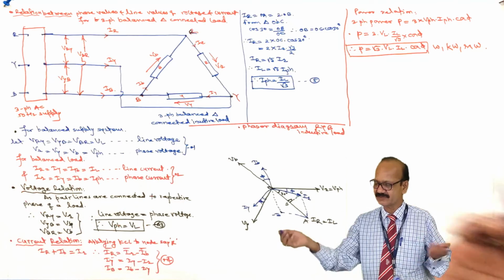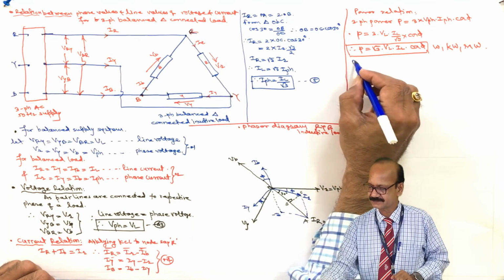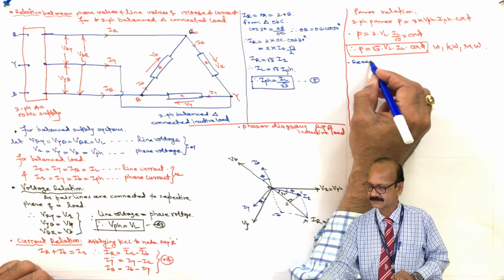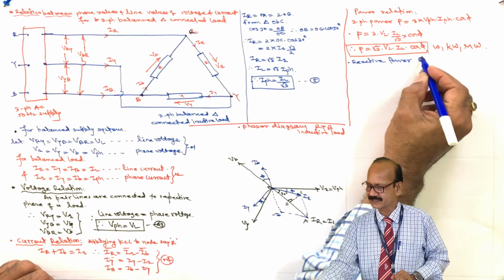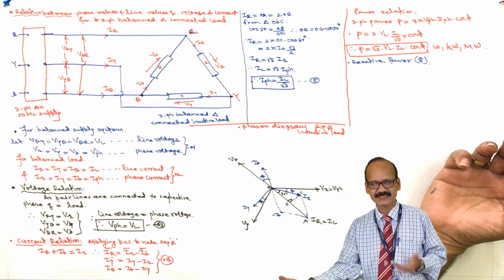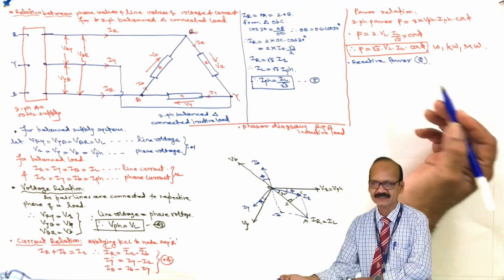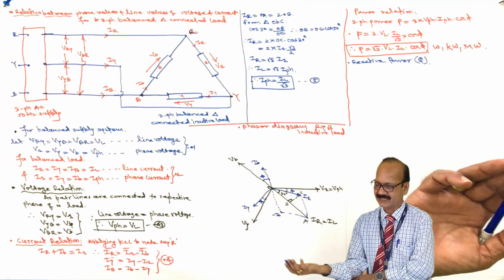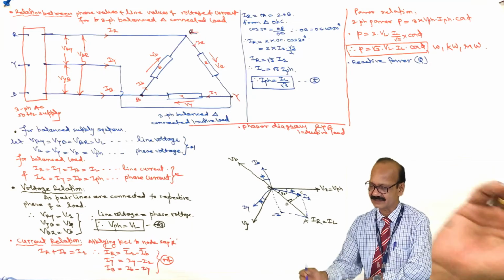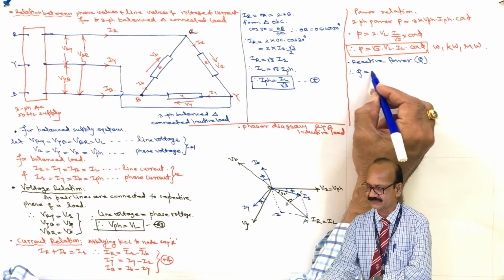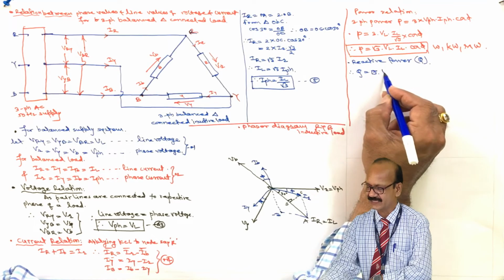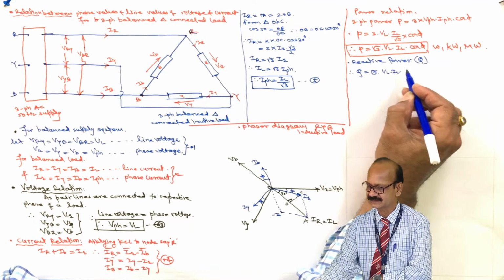Now similarly we can obtain the reactive power, capital Q. Already we have studied it in a single phase circuit, that is VI sin phi. So here it is in three phase and therefore Q equal to root 3 VL IL sin phi.